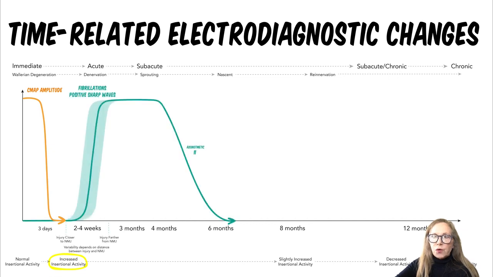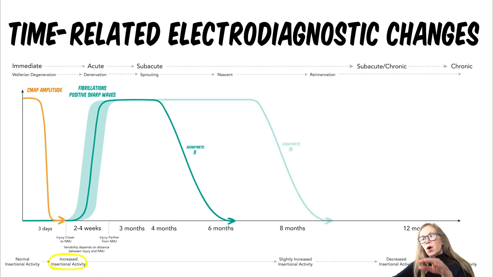The next thing you're going to see around 10 days is this crinkling cellophane with increased insertional activity. And then around 2 to 4 weeks, you'll see the presence of fibrillations and positive sharp waves. The closer the muscle is to the injury, the sooner you'll see the fibrillations. The farther away it is, the later it will take. Now, these fibrillations may go away over time.